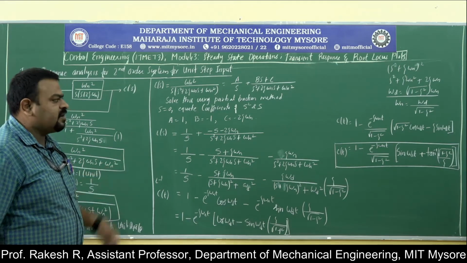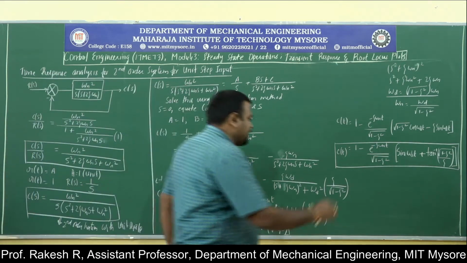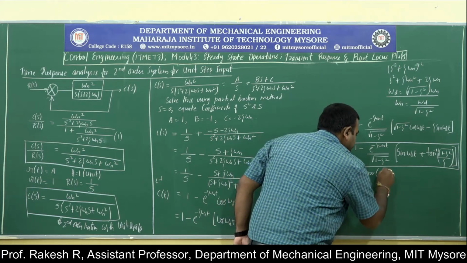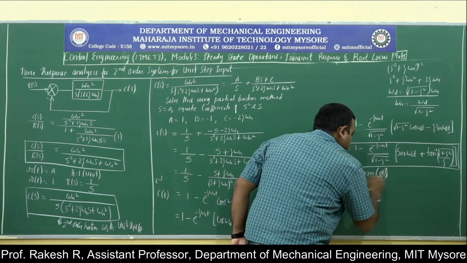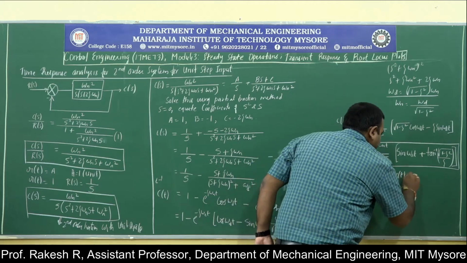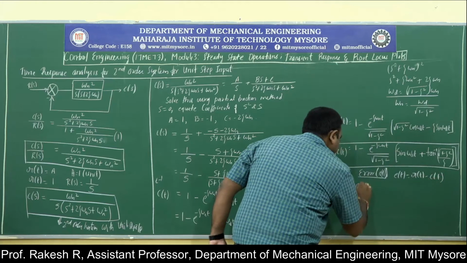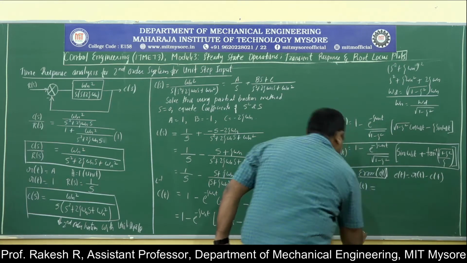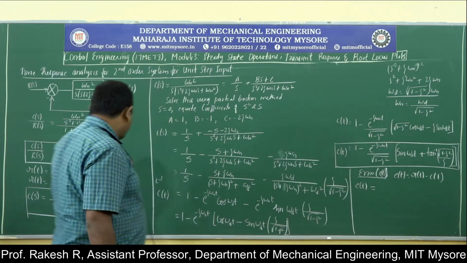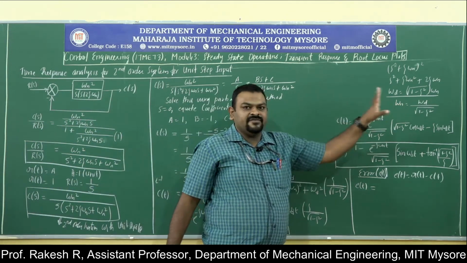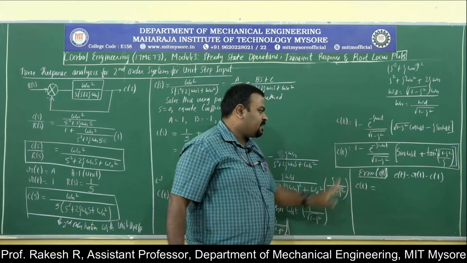After getting C of t, we need to calculate the error. The error is E of t, which will be equal to R of t minus C of t. R of t is 1, minus of this, so the 1 will get cancelled.